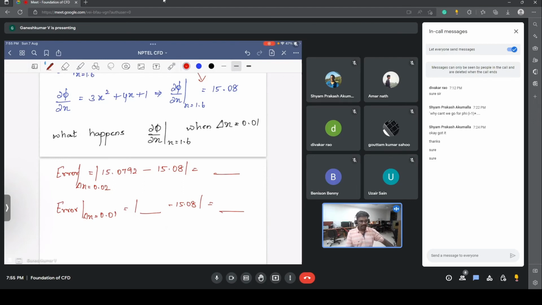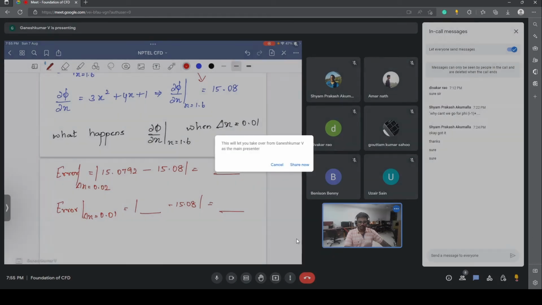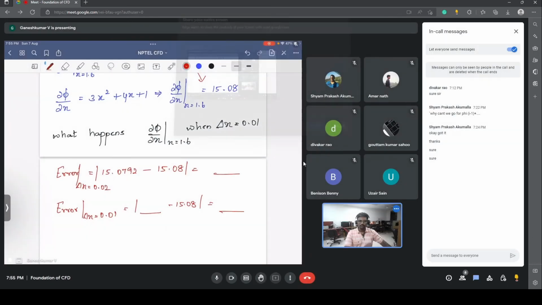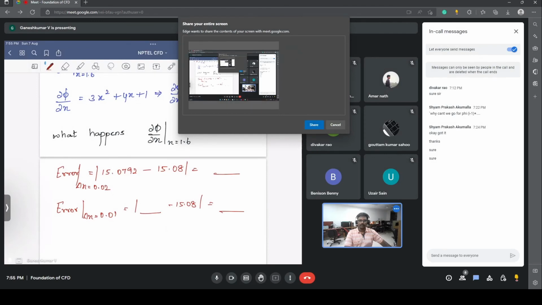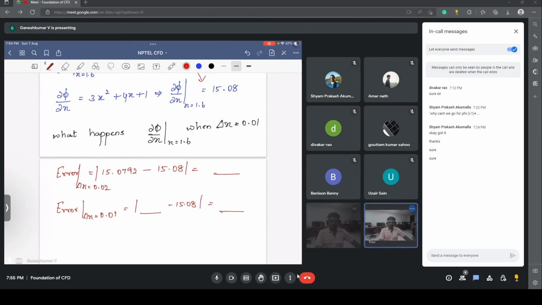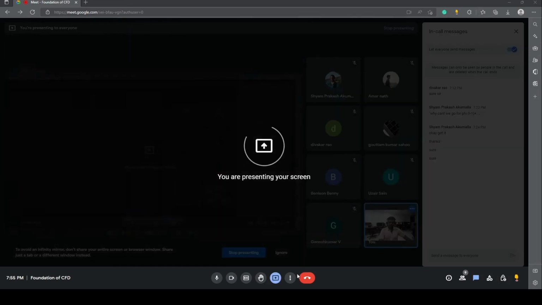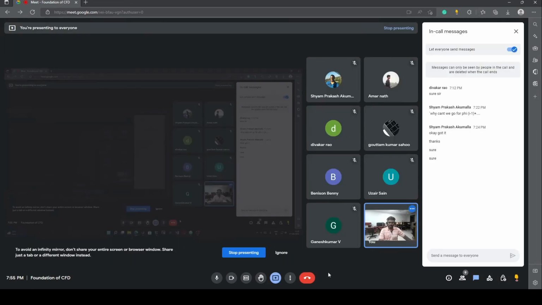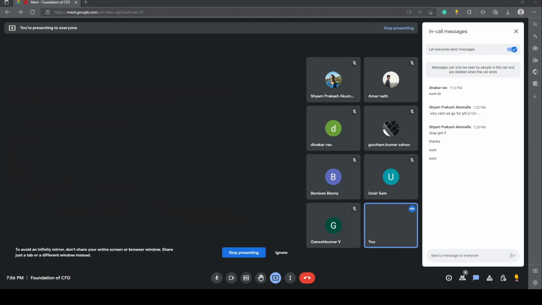So I've developed a simple program for this. I guess you guys can see my screen.